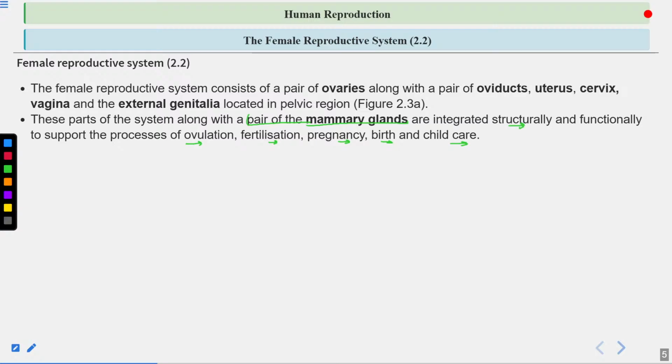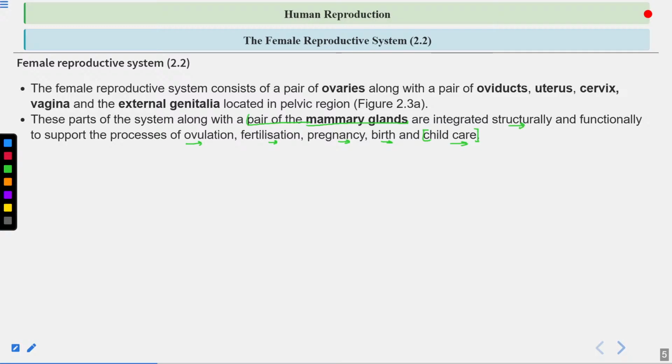Mammary glands are not directly involved in reproduction, but they are involved in child care, because they produce milk, and this milk is very important for the newborn. This mother's milk is known as colostrum.